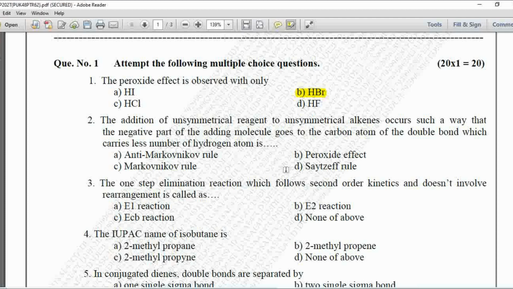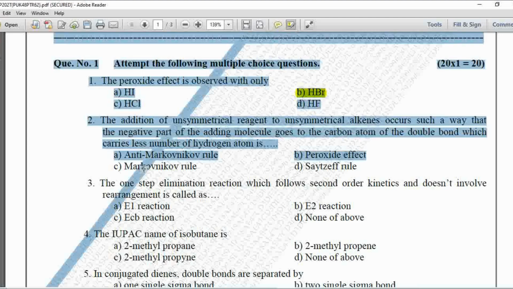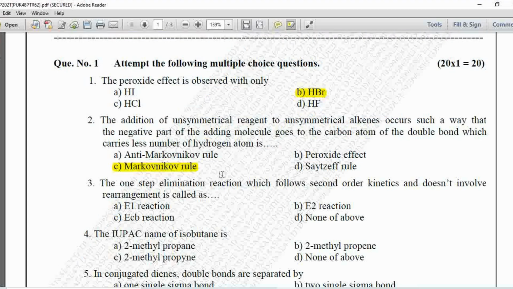Option A is anti-Markovnikov's rule, B is peroxide effect, C is Markovnikov's rule and D is Saytzeff rule. This statement is shown by Markovnikov's rule. So the correct answer is C, Markovnikov's rule.